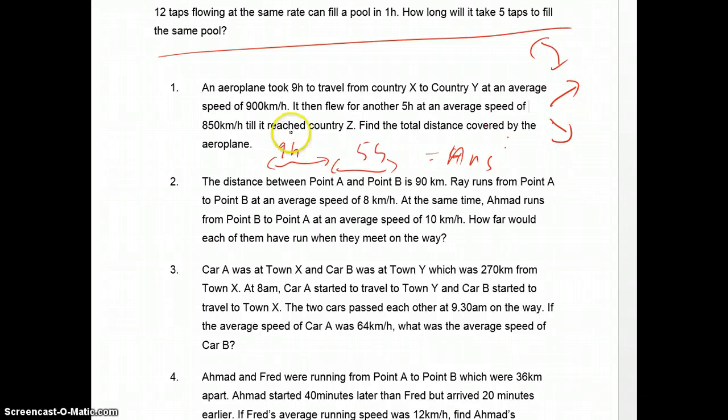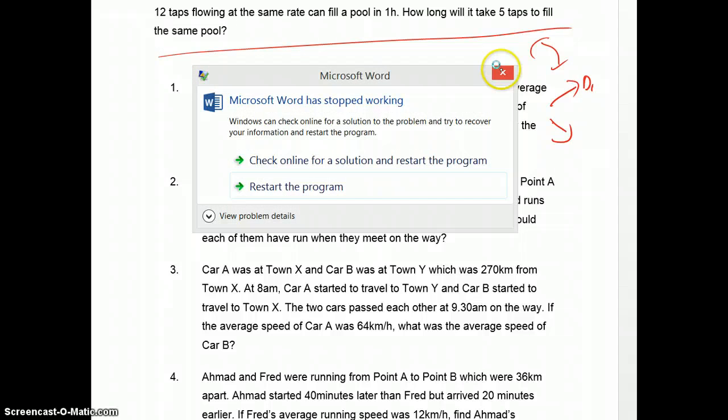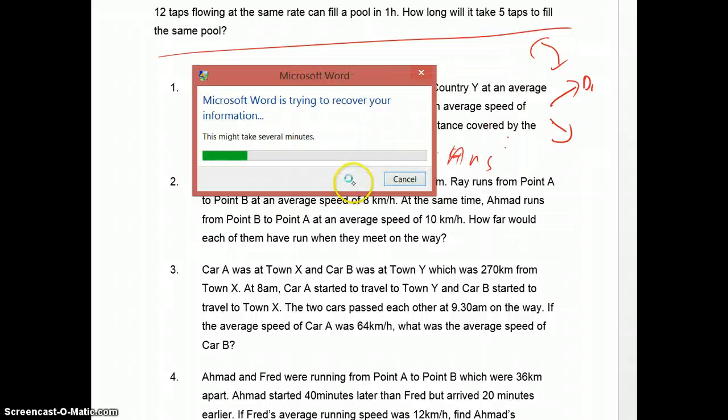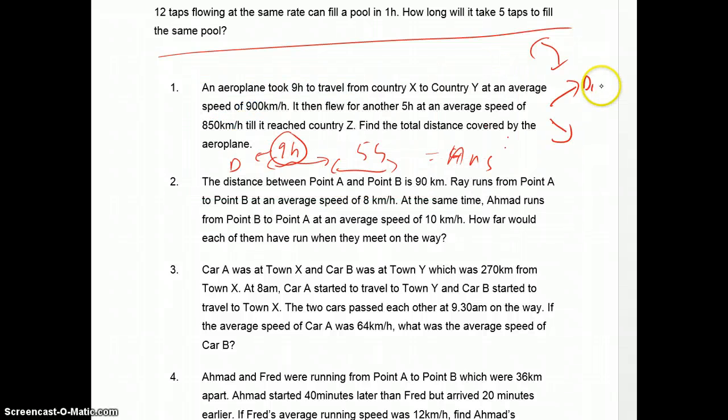Instead of giving you the time and asking you to find the distance, they could give you the distance.